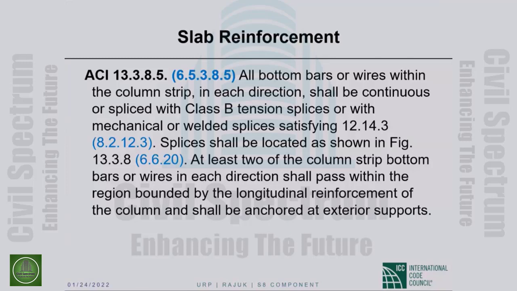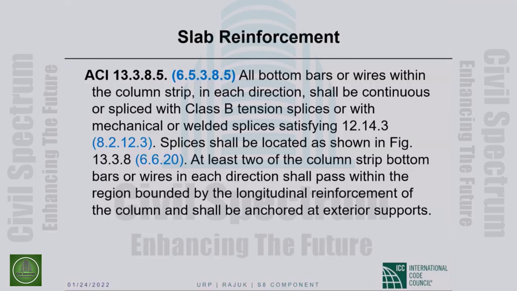All bottom bars within the column strip in each direction, all bottom bars, shall be continuous or spliced with class B tension splices or with mechanical or welded splices satisfying section such and such. Splices shall be located as shown in figure. So the figure shows where you can put the splices. At least two of the column strip bottom bars in each direction shall pass within the region bounded by the longitudinal reinforcement of the column and shall be anchored at exterior supports.